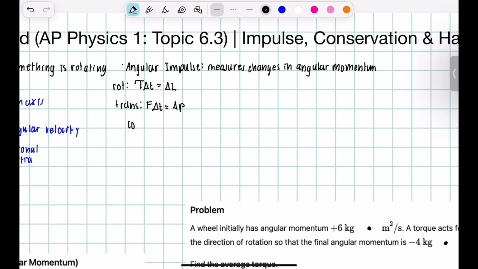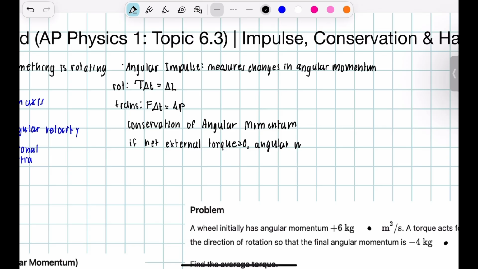Now onto the conservation of angular momentum. If the net external torque is equal to 0, that means the angular momentum is conserved.